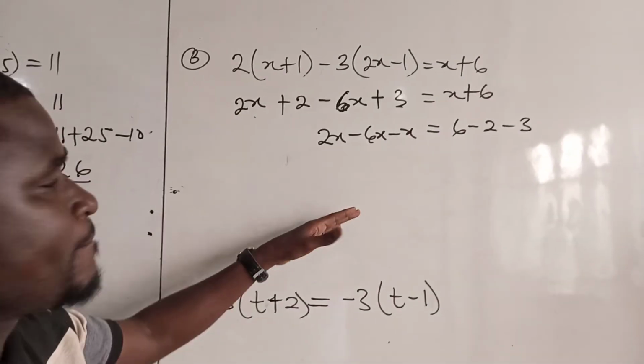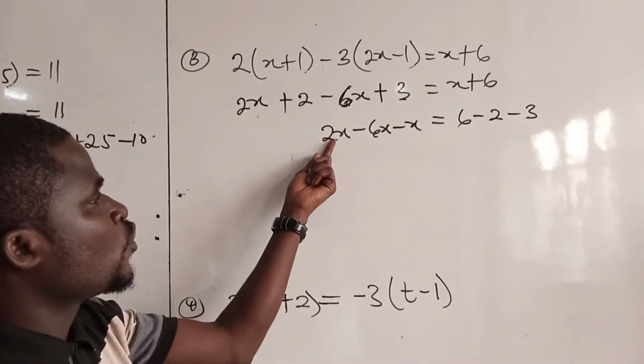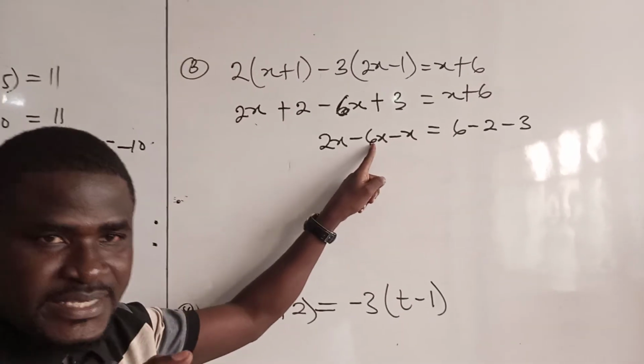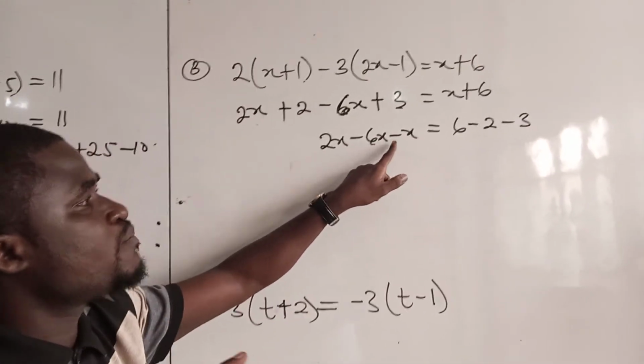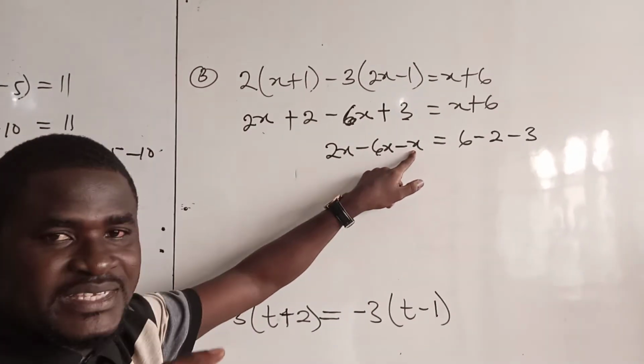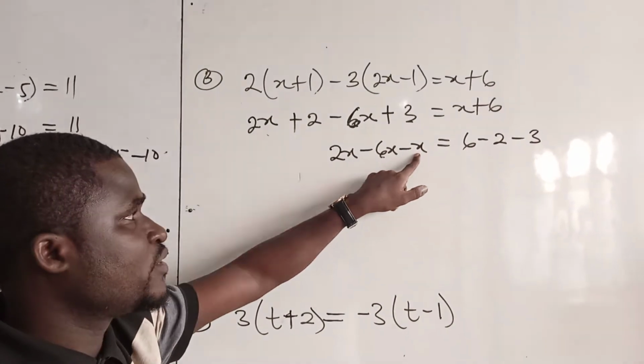Now, we are going to add them. 2x minus 6x will give us negative 4x. Negative 4x minus x will give us negative 5x. Okay? So take note.